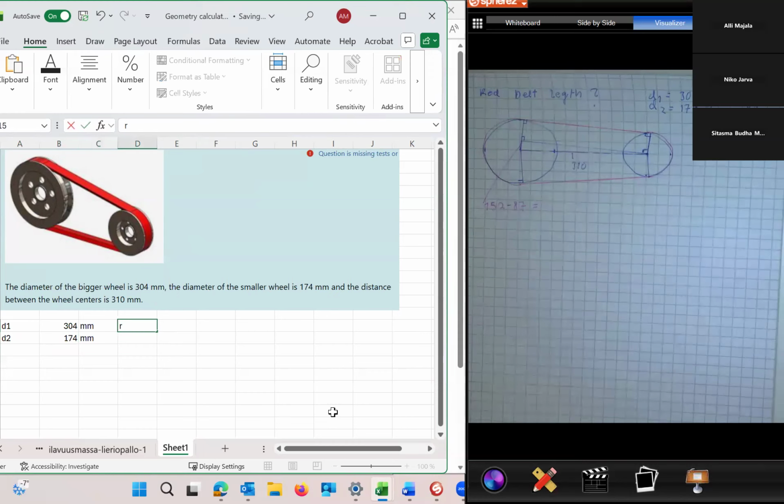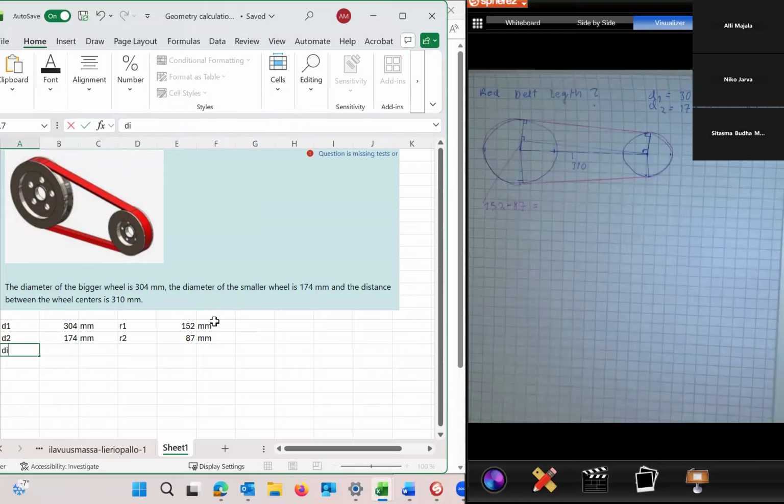Then I put the R1, R2. Then I put the distance.